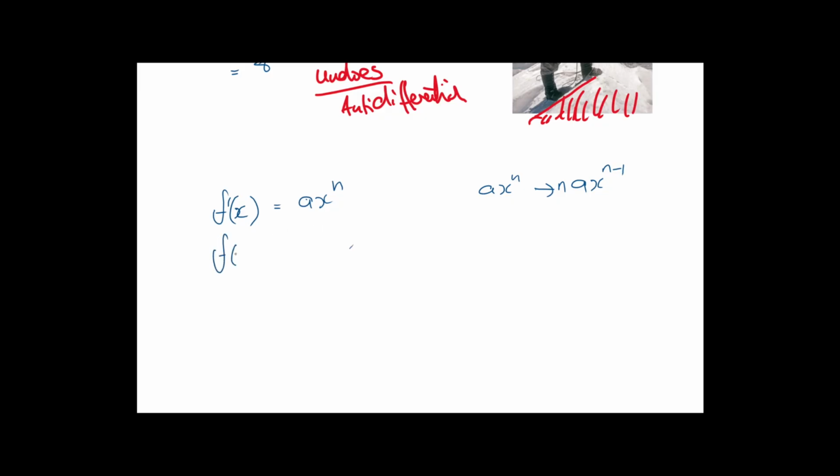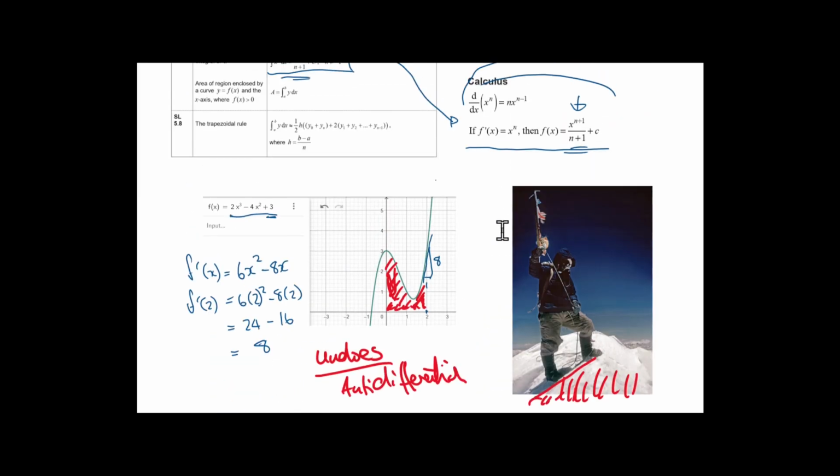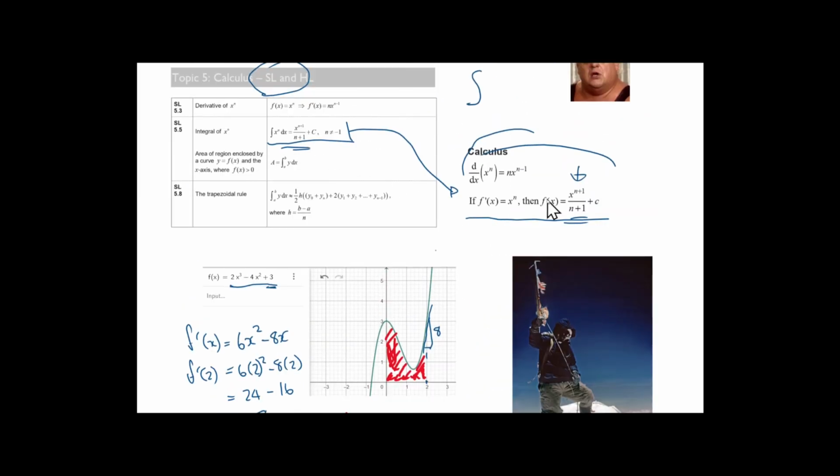So when we integrate that, the a is going to stay there, the x is going to stay there, and now instead of losing an n, we're going to add an n. And instead of multiplying by n, we divide by n plus 1. And if you have a look at the formula there, that's exactly what we've done.